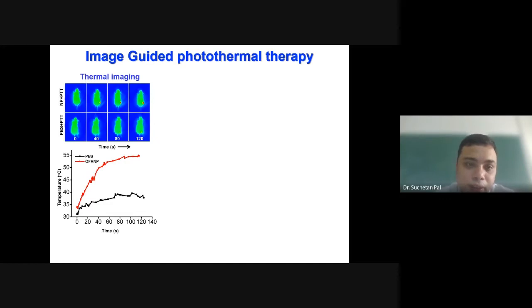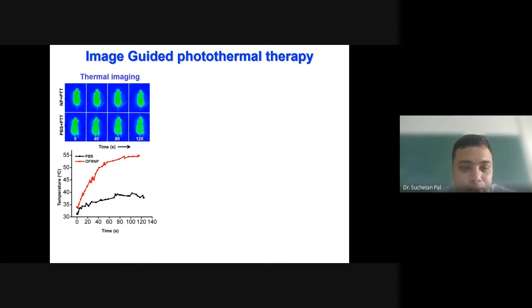tumor, and what you see is over time your tumor heats up. So this is actually the thermal imaging. This is the same as the thermal imaging you can undergo in different airports or in different malls. So this camera measures the temperature of the cancer area, and you can see the temperature of the cancer area increased over 2 minutes.